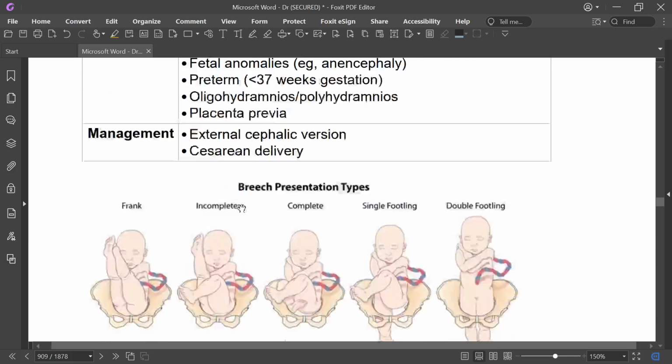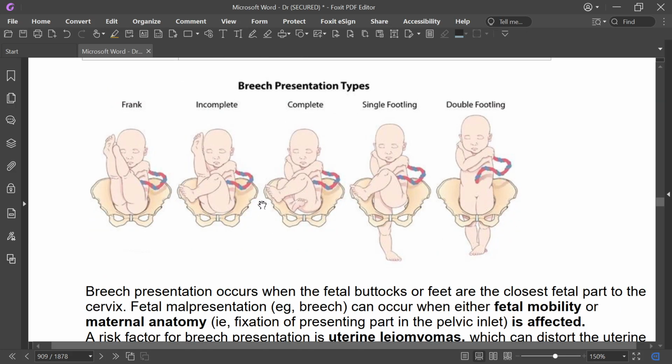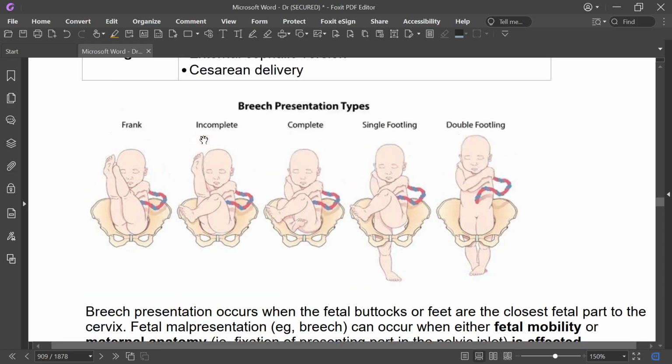Complete is when hip and knee are flexed. So in frank, hip flexed and knee extended. When hip and knee are both flexed, it is called complete.